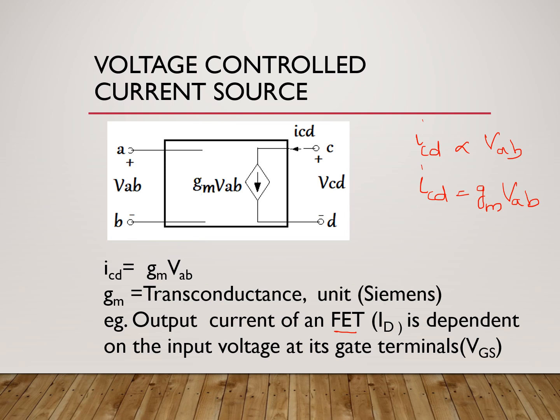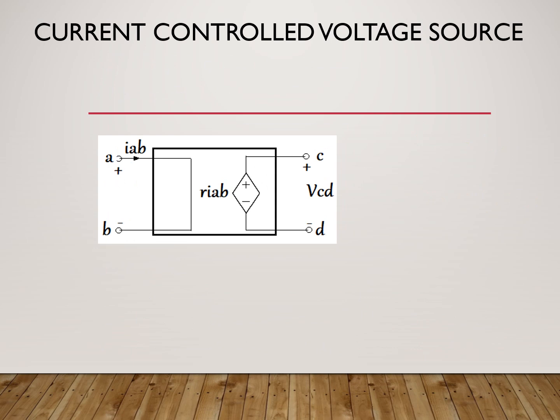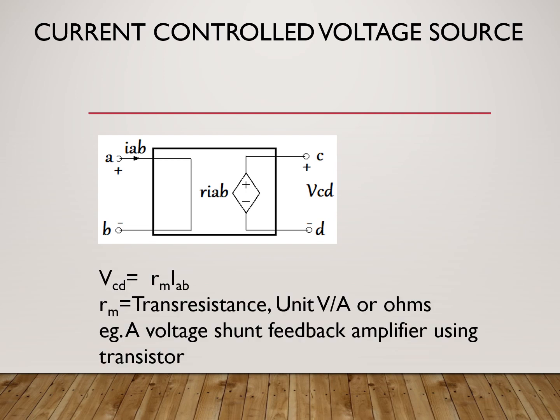Similarly, we have the current controlled voltage source. Now in similar ways, the output VCD is proportional to the input current IAB. So the output voltage is proportional to the input current.